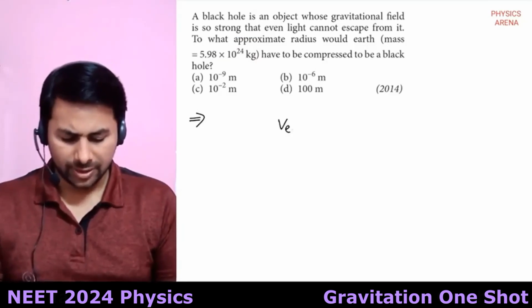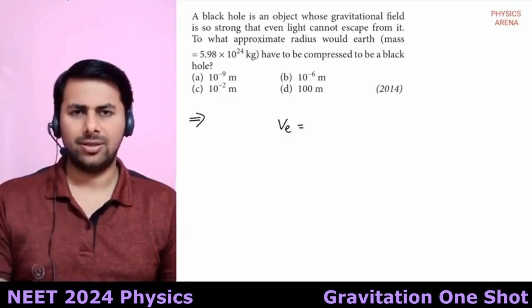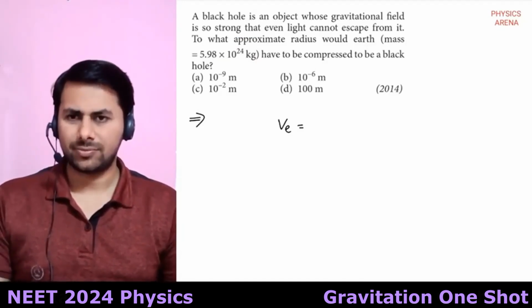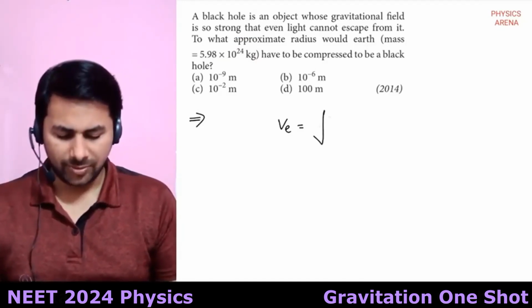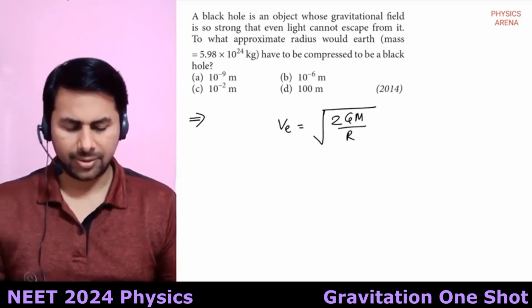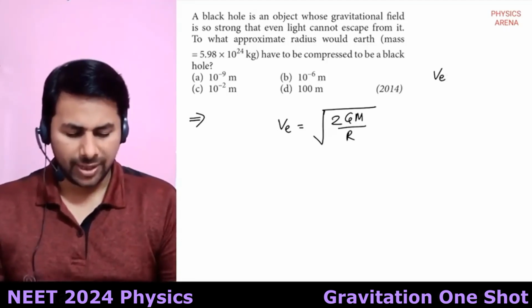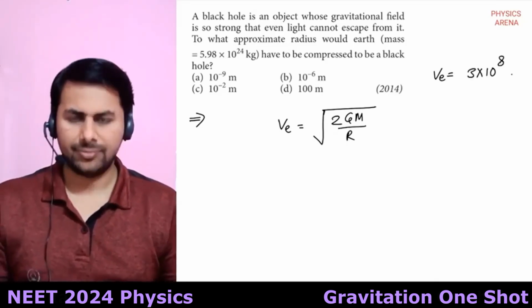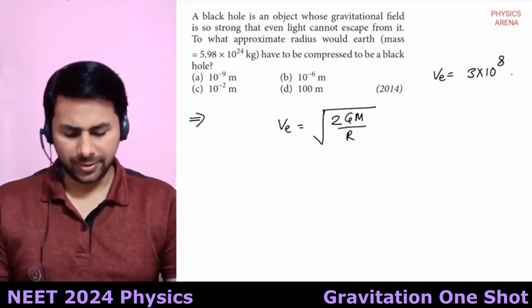Okay, so how much would the escape velocity be? If light cannot escape, it is the velocity of light. That is the formula, root 2GM upon R. But how much would be the value? 3 into 10 raised to 8, right?